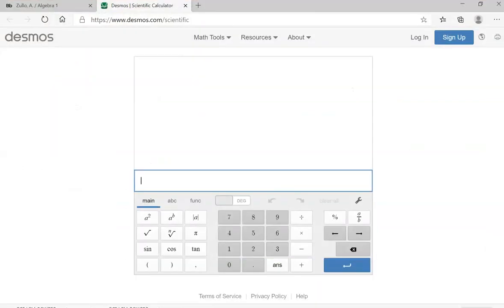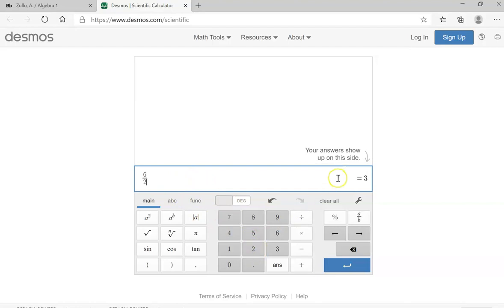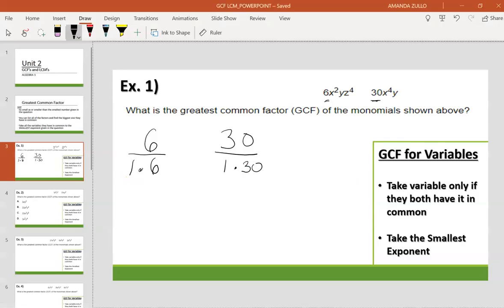So let's come over to our calculator, and you're going to type 6 in. And then you're going to divide. The number that comes after 1 is 2. So I'm dividing 6 by 2, and I get 3. So I know that 2 times 3 equals 6. So I'm going to come back over to our PowerPoint and write down 2 times 3, because 2 and 3 are factors of 6.